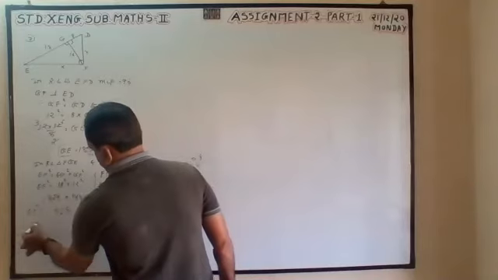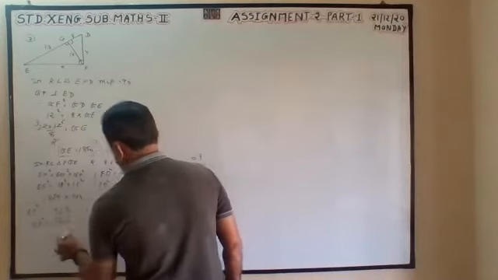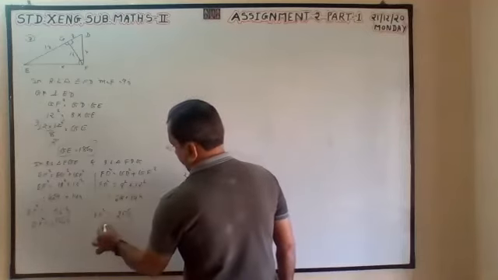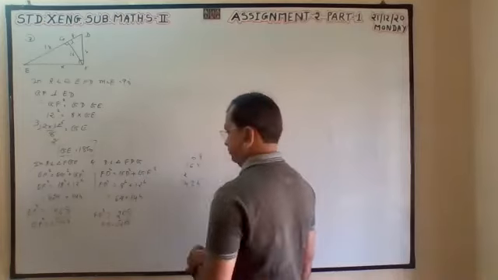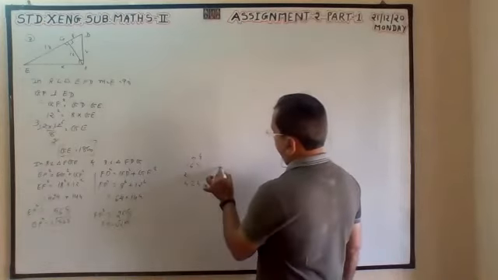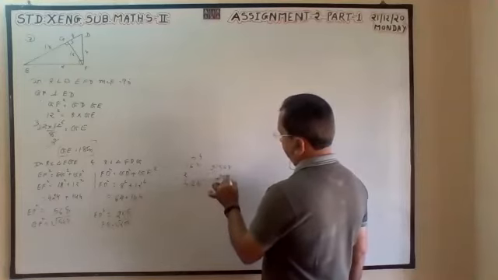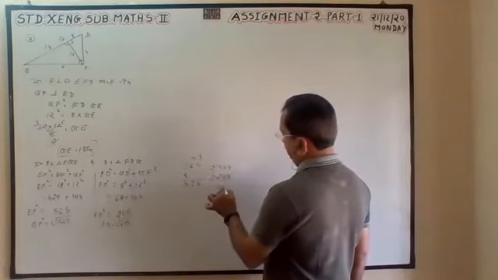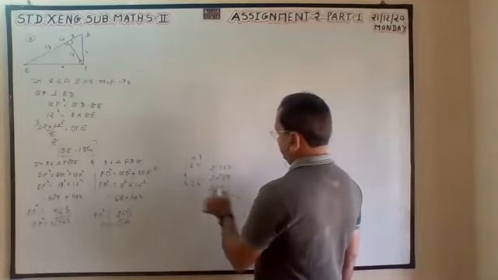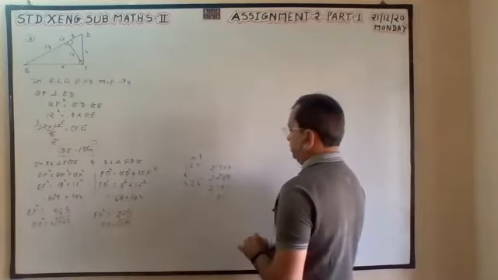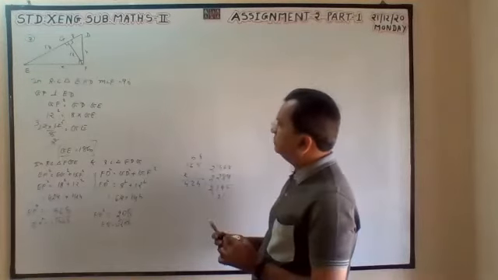So EF square is equal to root 568. FD is equal to root 208. So 568 half, again half, again half. So better you take this as an under root. No problem.